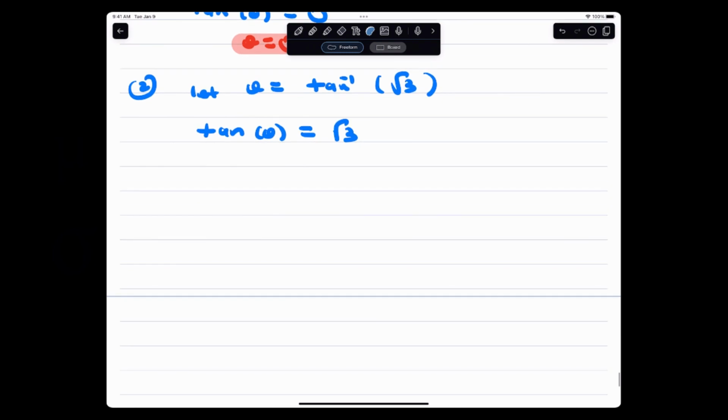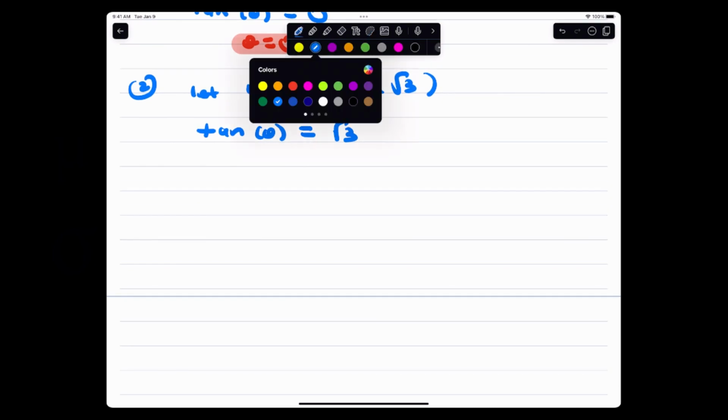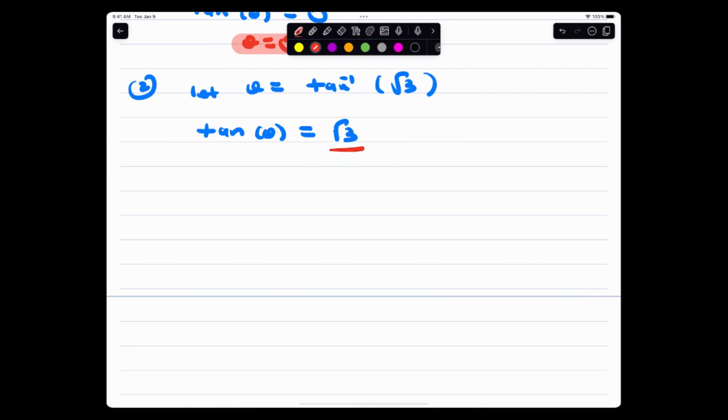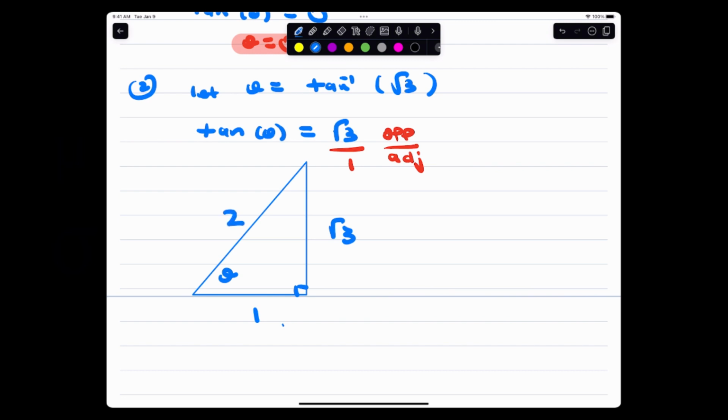Okay, now what you want to do is put this as a fraction and use your definition of tangent being opposite over what? Adjacent. What's the opposite side? Square root of 3. What's the adjacent side? 1, and then the hypotenuse is 2. Easy peasy lemon squeezy.